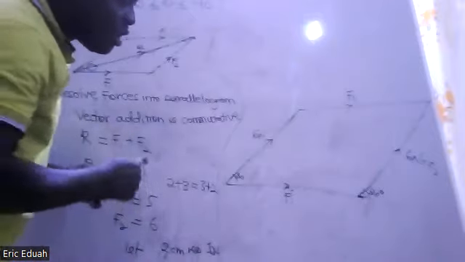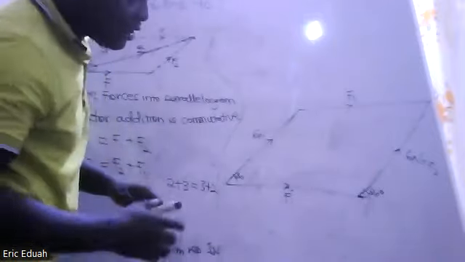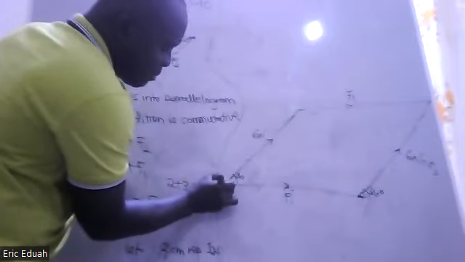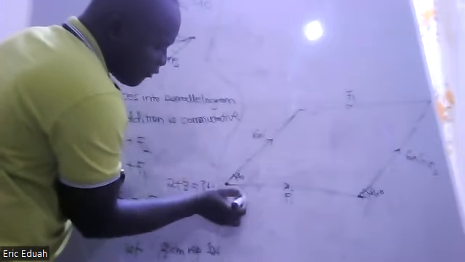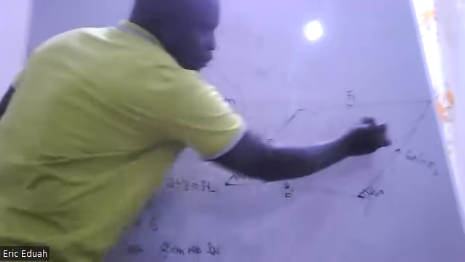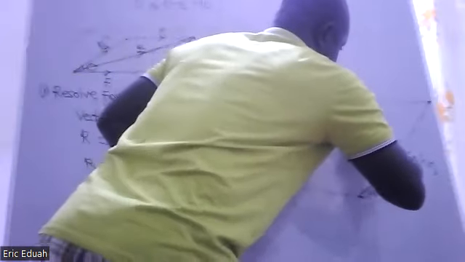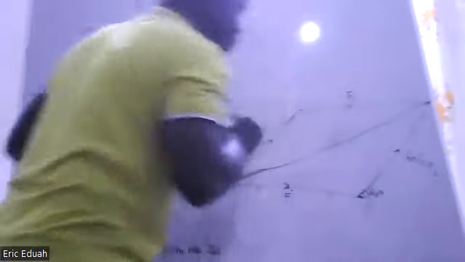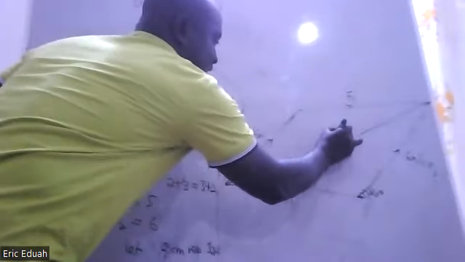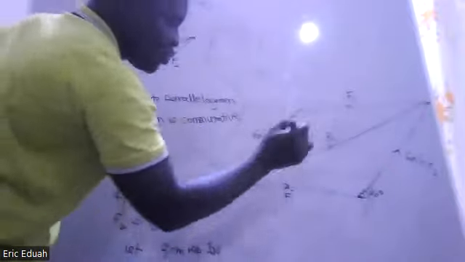To get the result, I measure from the tail of F1 to the head of F2. When I measure, this length should be equal to F1 plus F2.